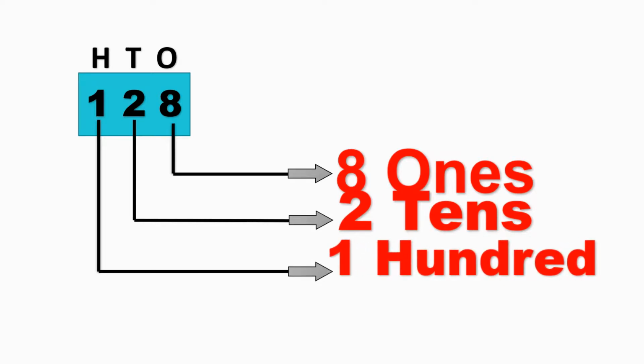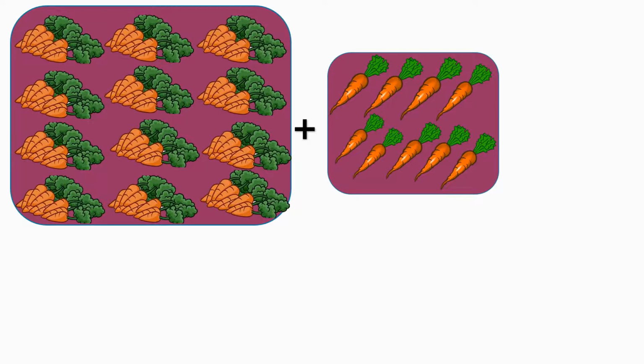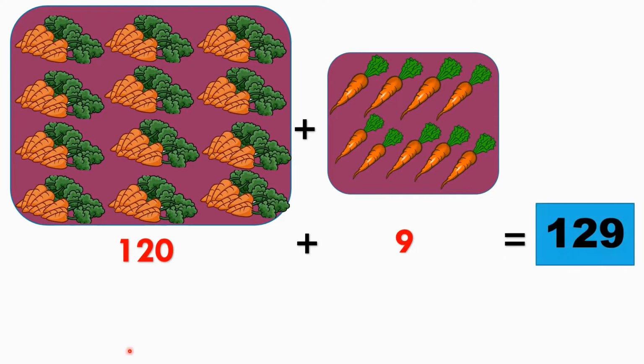Now here some carrots are given. Each bunch has 10 carrots and total here 120. If we add 9 more, so it comes 129. So how can we write?